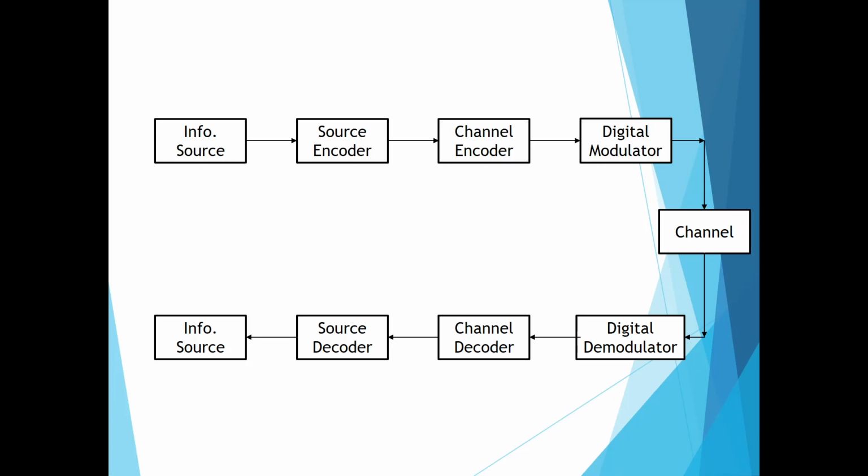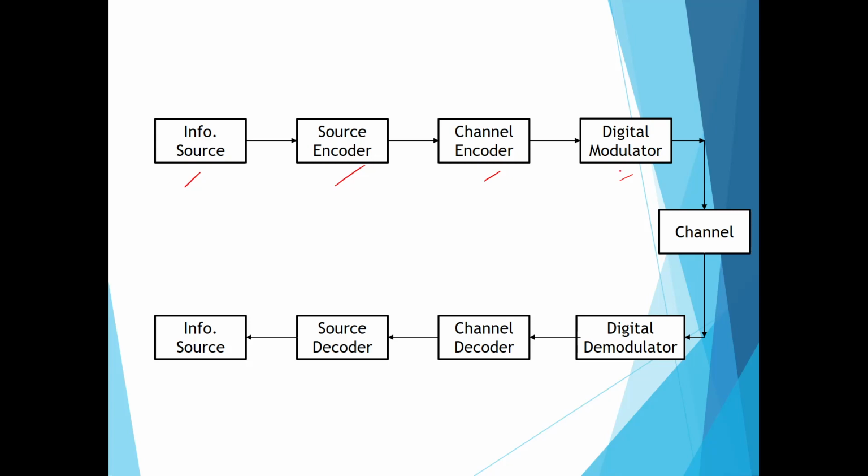So this is the simplified block diagram. We have the information source, the input, and the source encoder. As I mentioned previously, the source encoder compresses the data so that we can reduce the bandwidth usage. In the channel encoder, we add additional bits to the data so that we can do error detection and error correction later. For the digital modulator, if you want to transmit wirelessly, we need to convert the digital data into an electromagnetic wave, which is analog.